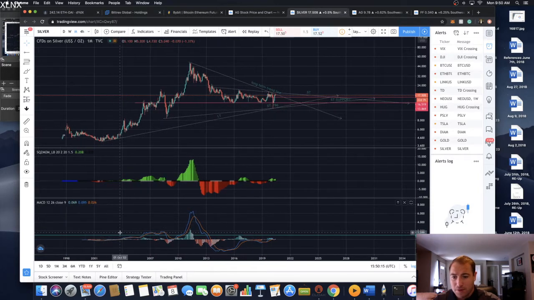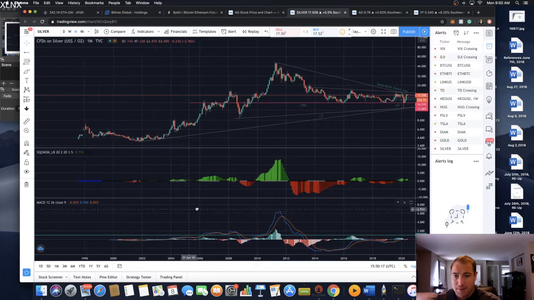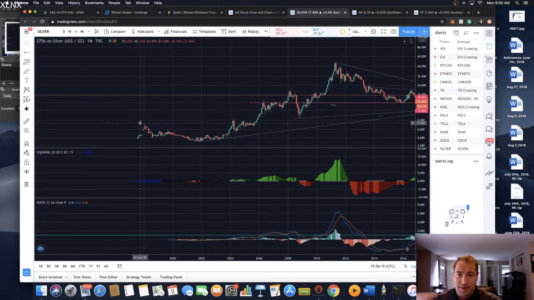Not a real clear definitive time when it's supposed to start, but we could use that cup analogy and say, well, when silver kind of broke out of the $7.20 range, it did drop off right after, which is kind of like a fake out almost. I imagine you'd be pretty worried right here, now just thinking in hindsight, but it inevitably formed another little cup here and busted through.